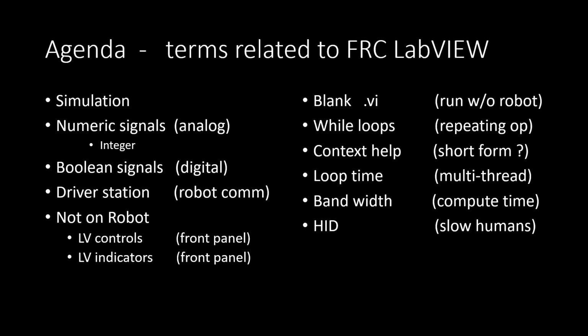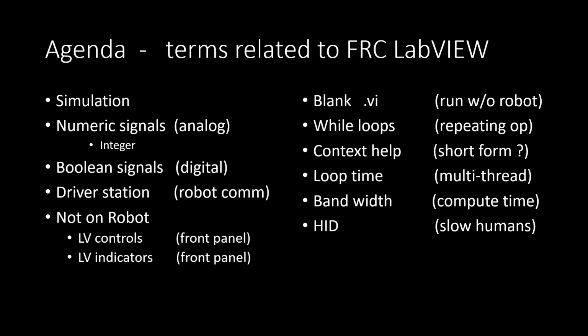Now, we're going to be doing a lot of work, at least in these first couple, 3 classes, using what I referred to as the blank VI. It won't be something we use on the robot, but we will use it to simulate different parts of the robot. And part of that is the LabVIEW controls and the LabVIEW indicators that we're going to be seeing on the front panel.